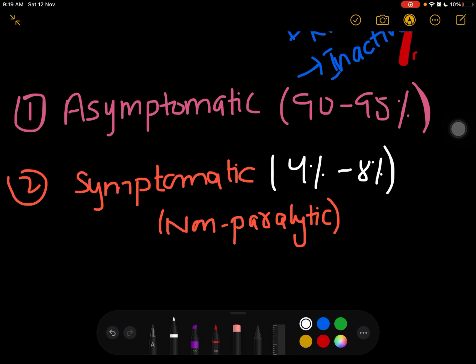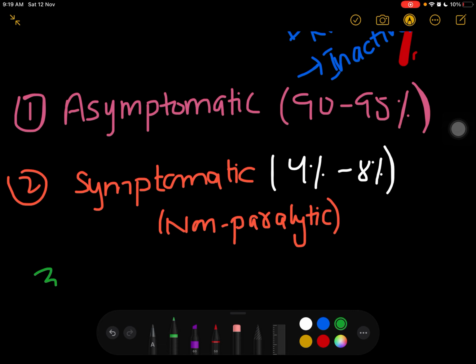That is 4 to 8%. It is symptomatic but non-paralytic. It means the virus has entered your body and symptoms appear, but your immune system is very strong. It kills the virus before it spreads too much, and the symptoms go away once the virus is killed.